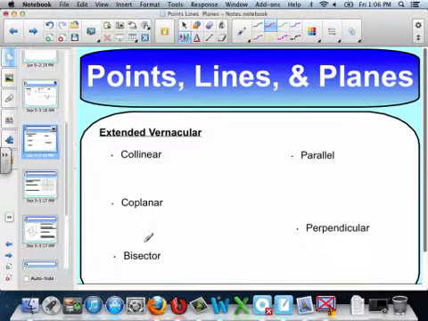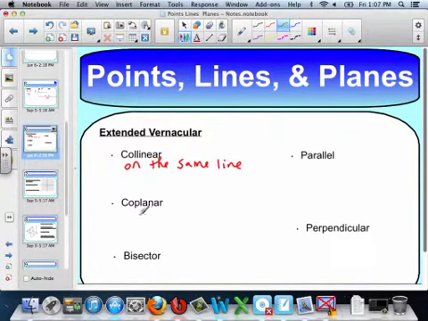If things are on the same line, then we call that collinear. So if you have three or more points on the same line, then those points are collinear. On the same line means collinear. If we're on the same plane, we call that coplanar.